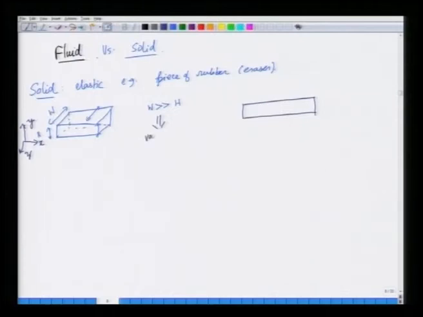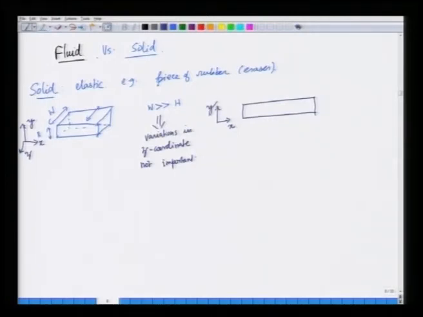So, variations in z coordinate are not important. Okay. So, we are considering a solid, therefore, and we are taking a cross section at any plane that is perpendicular to the z direction. So, it will be in the xy plane.